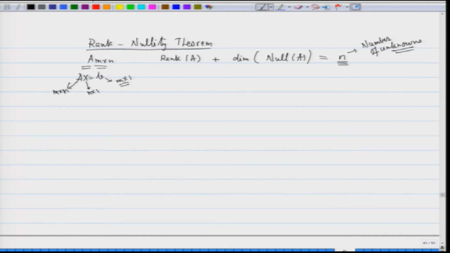Recall when we looked at the system of linear equations, the main theorem there: if the rank was r, there were n minus r free variables. So, rank r implies r pivots, implies r basic variables, and therefore I got n minus r free variables, and therefore I got n minus r u_i's.